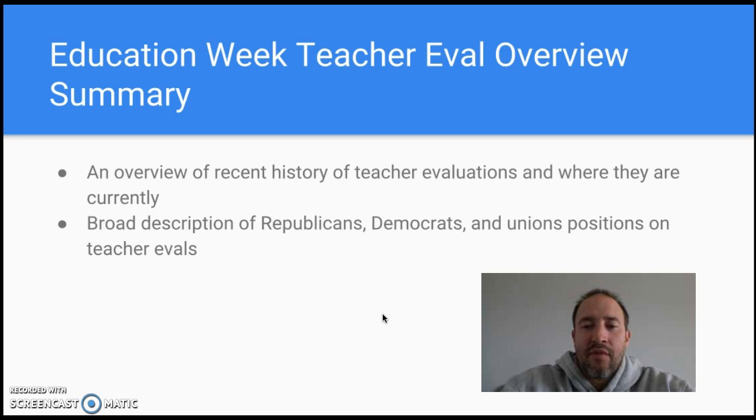It gave a description of Republicans and Democrats. Republicans obviously want less funding in schools, and Democrats are teacher union supporters, and the union, of course, wants to have a strong say in how teachers are evaluated in the process.